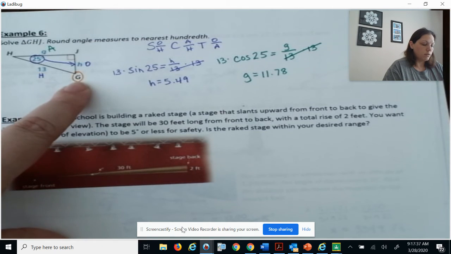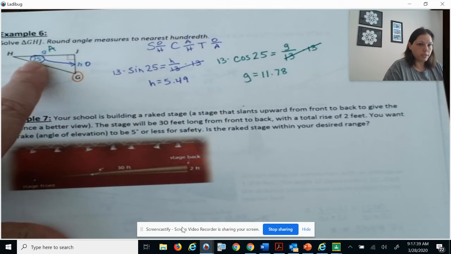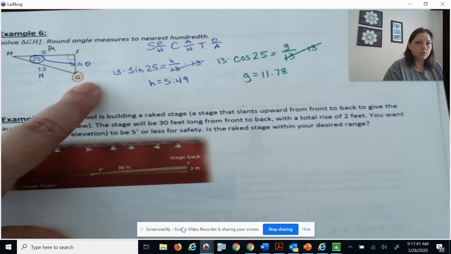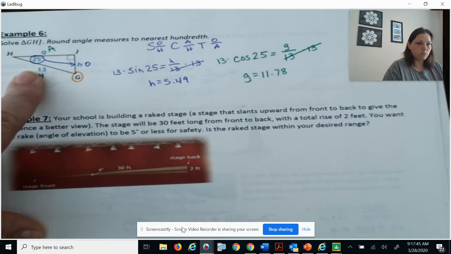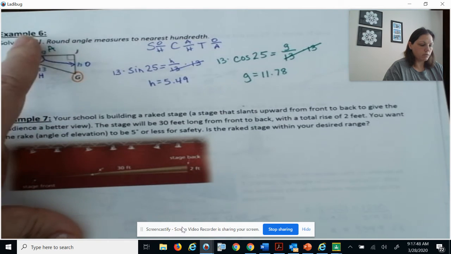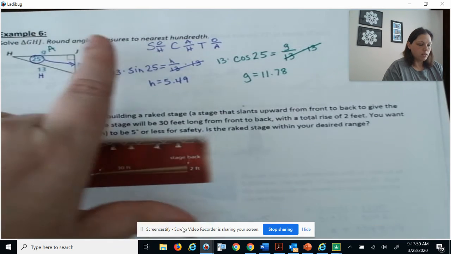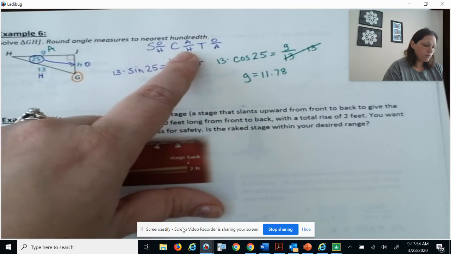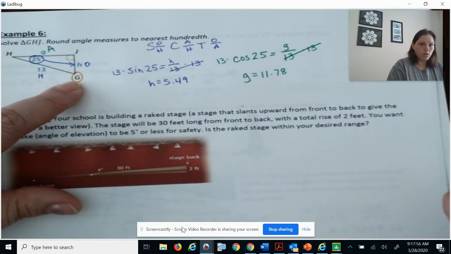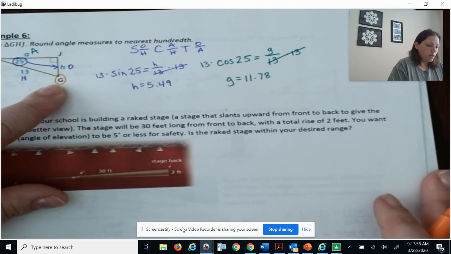Now I can't use the angle to find another angle. I have to use side lengths to find the other angle. So we'll definitely use the hypotenuse, and then we can pick, do we want to use the opposite or adjacent? So we have to use the hypotenuse. We use either cosine or sine to set up a function for G.